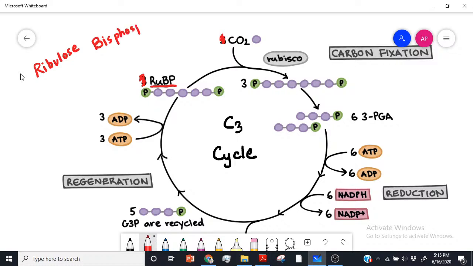Ribulose is a molecule, and bis means 2, and bisphosphate means there are 2 phosphates attached to the ribulose. As you can see in this figure, this part is the ribulose part, and there are 2 phosphates attached at the 2 ends, right?